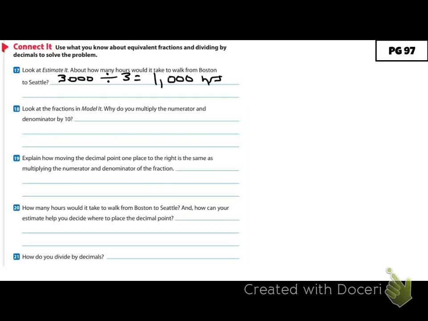Why do you multiply the numerator and denominator by 10? Because the divisor is tenths. And just multiply it by 10. Explain how moving the decimal point one place to the right is the same as multiplying the numerator and denominator of the fraction.